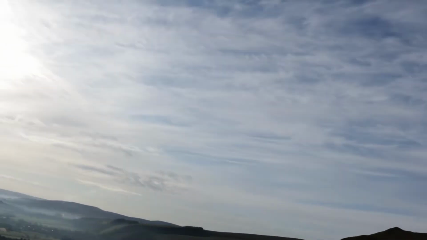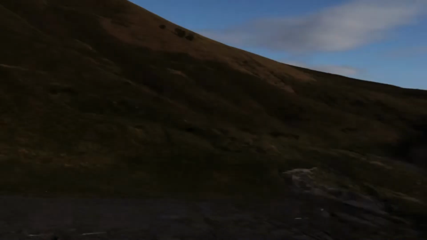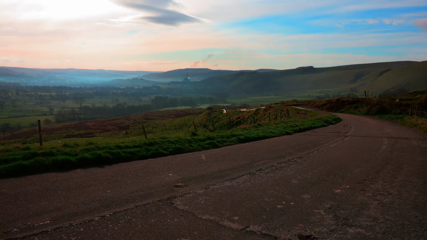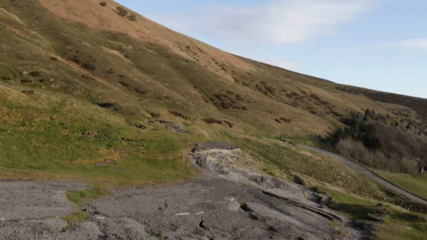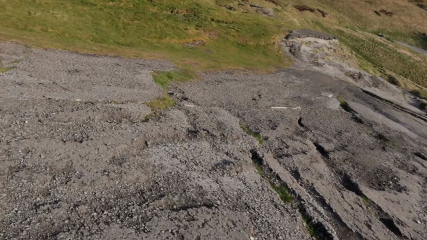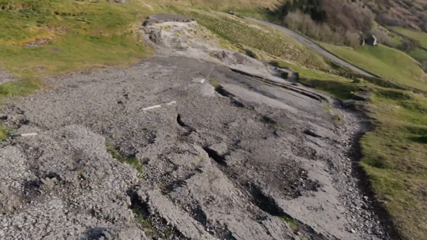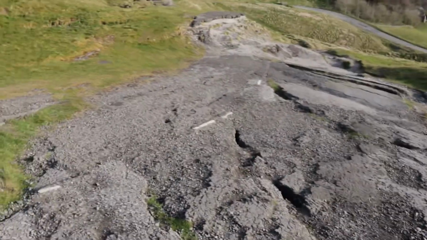It goes without saying we're in a beautiful, stunning part of England. And this abandoned road is used for hikers and mountain bikers and lots of people to have a good time. So it's not like it's not being used, but do remember that every year this road is moving.